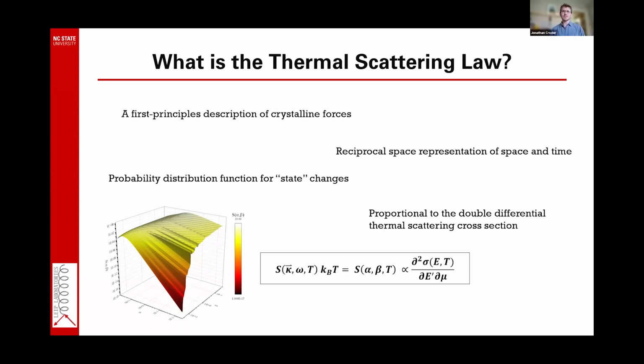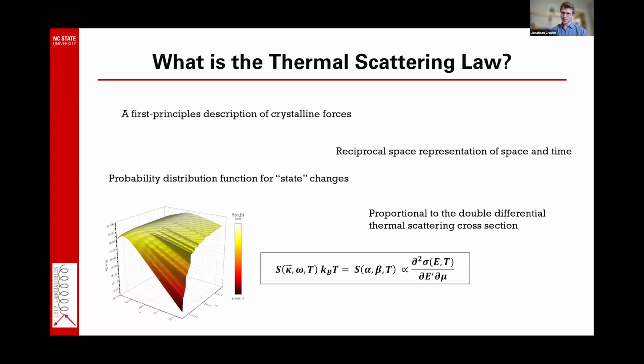What we're talking about is a first principles description of interatomic forces. They actually don't have to be crystalline forces. It's a reciprocal space representation of space and time, and it's proportional to the double differential thermal scattering cross section.